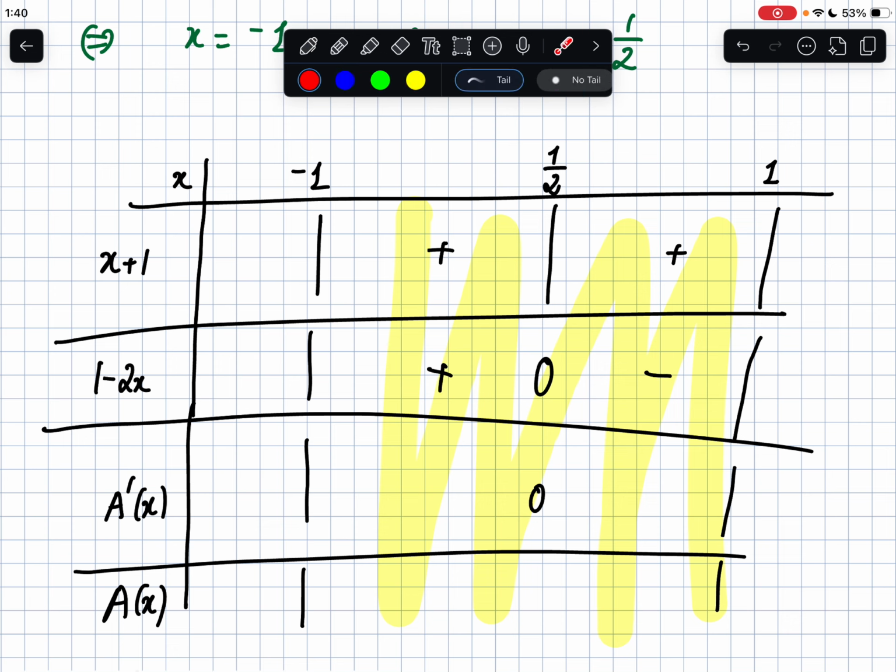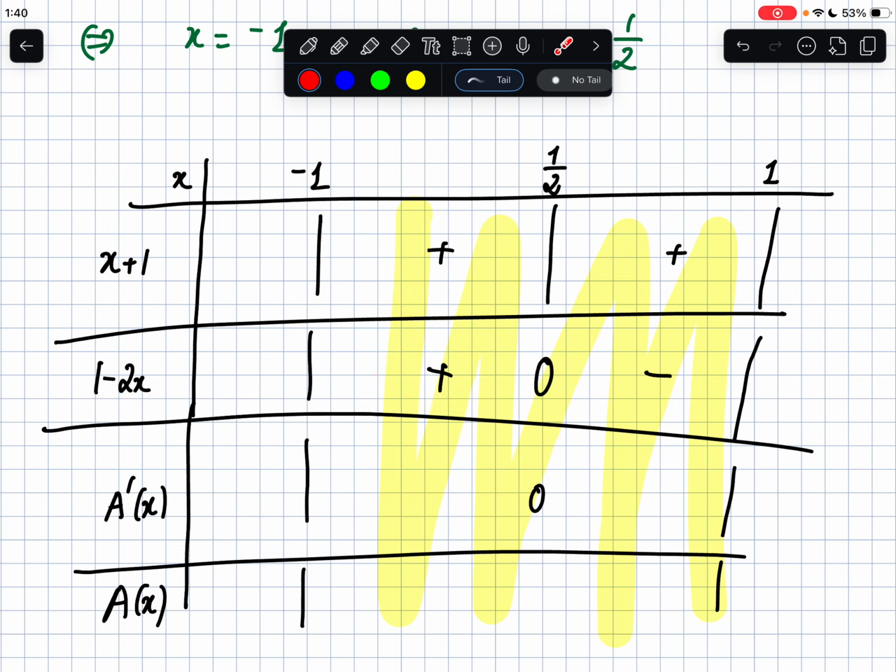I have a trick for this side. To the left of the place where it is 0, the sign is opposite of the coefficient of x. For example, the coefficient of x is minus 2, opposite of that is positive.